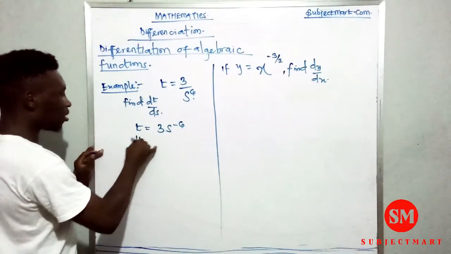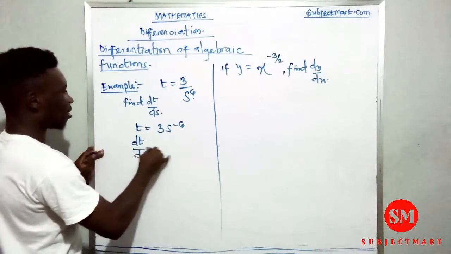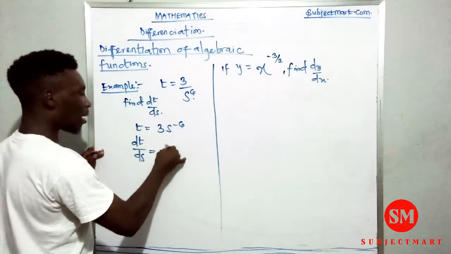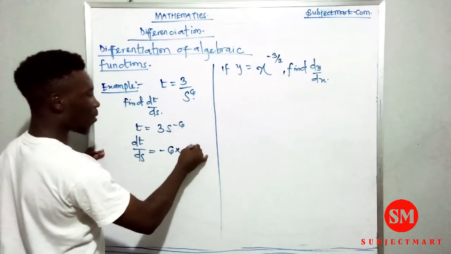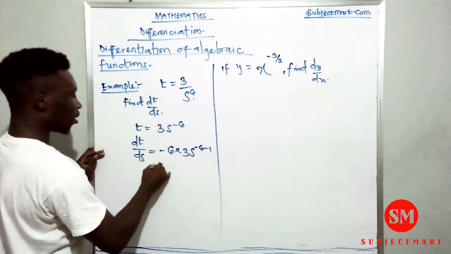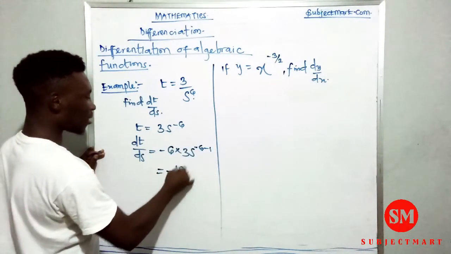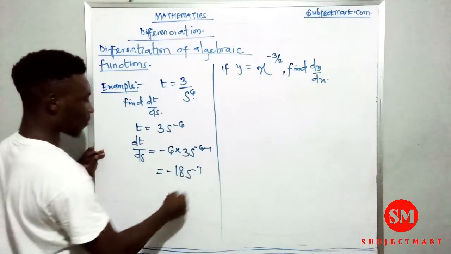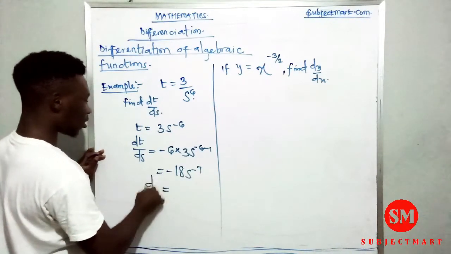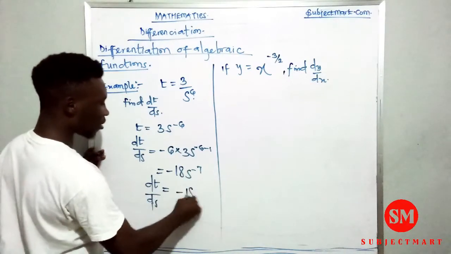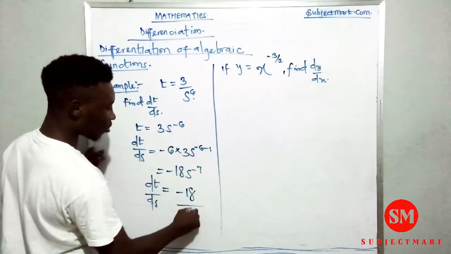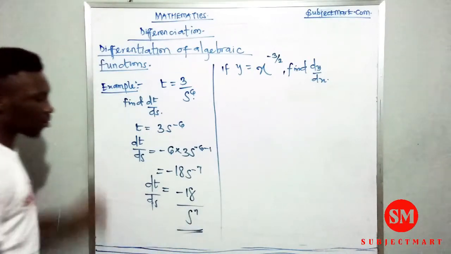Then what? dt/dx here is equal to minus 6 times 3x raised to the power what? Minus 6 minus 1, which is equal to minus 18x raised to the power minus 7, which is now equal to dt/dx is minus 18 all over x raised to the power 7.